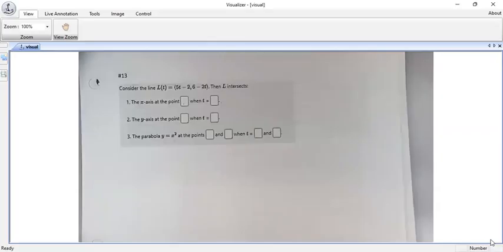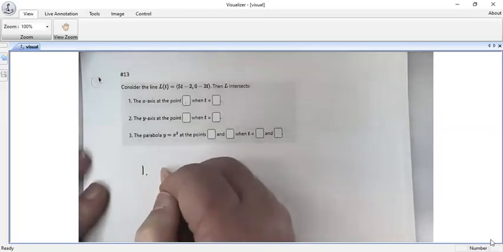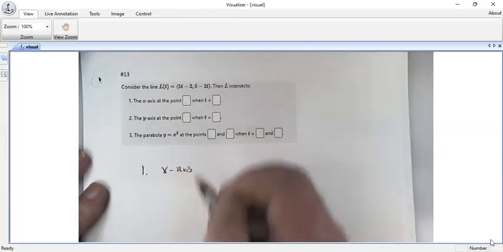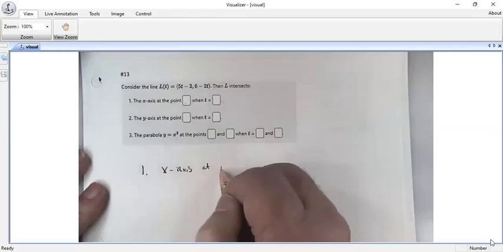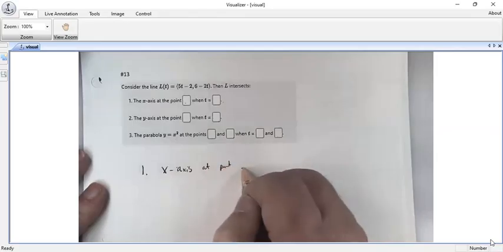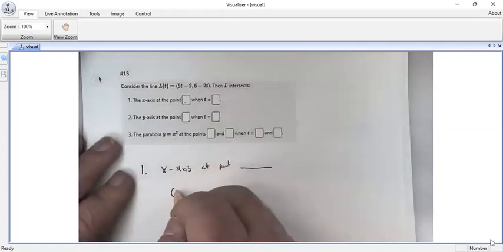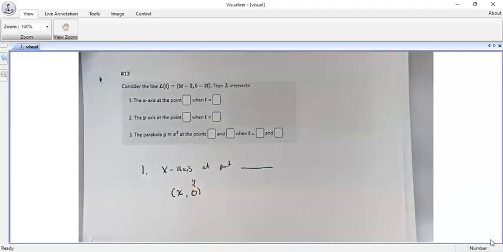So here we go. Well, how am I going to end up doing this? Well, first off, part number 1 right here, we want to talk about where the x-axis is going through what point? Okay. Well, how do you cross the x-axis? You cross the x-axis at a point x comma 0. You pretty much make y equals 0, right? This is called an x-intercept.